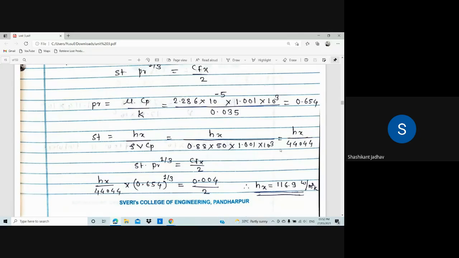That is 116.9 watt per meter square Kelvin.